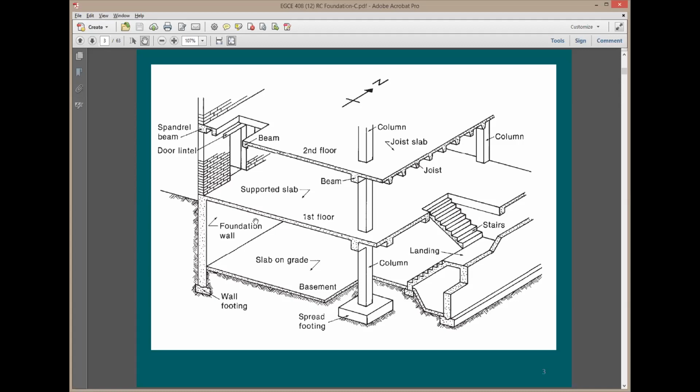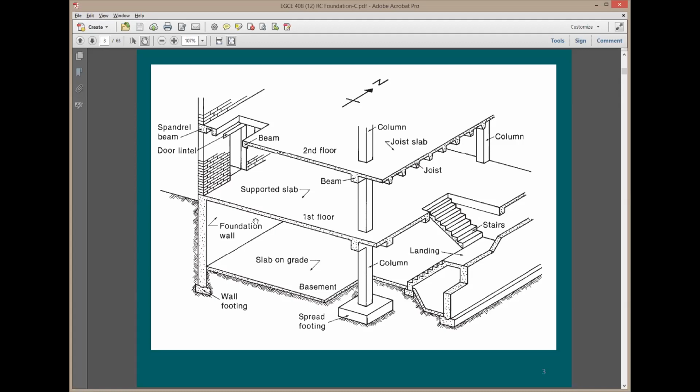Anyone didn't take a soil mechanics class? Okay, very good, Miguel. You're taking it now. I just want to be sure that I'm not talking about something that you have no idea about. So it's good that you have a good understanding of the soil.